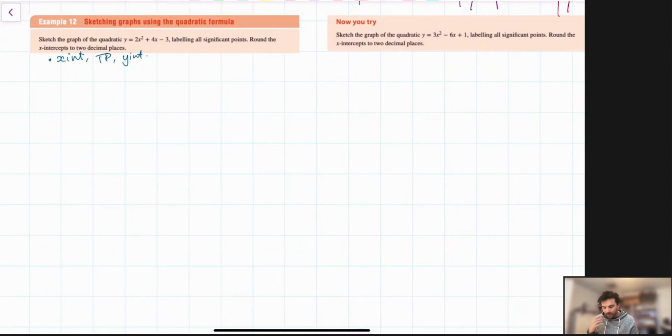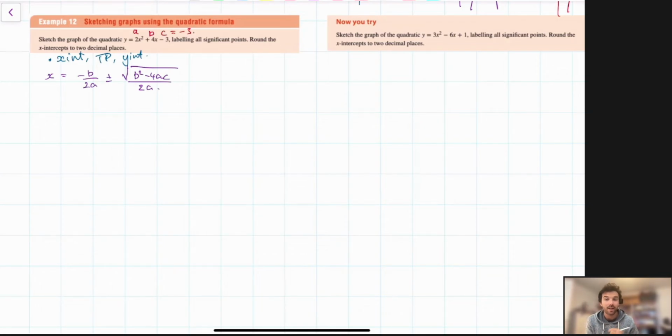Just some key points to help us sketch this thing. So let's start off. It's saying that it does have x-intercepts, so let's just assume the discriminant is going to be positive. So let's use our quadratic rule. Now, in this case, we can see that a is 2, b is positive 4, and c is negative 3.